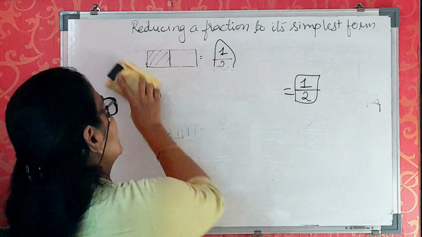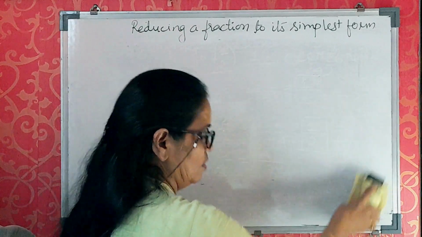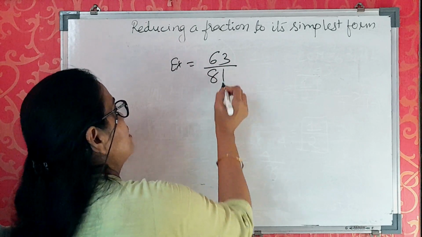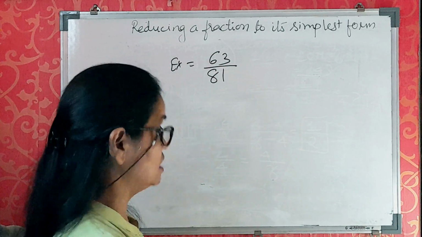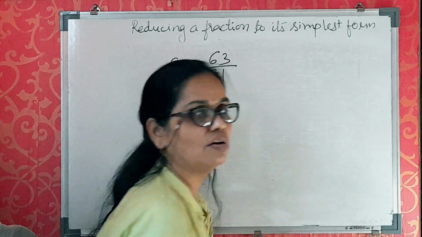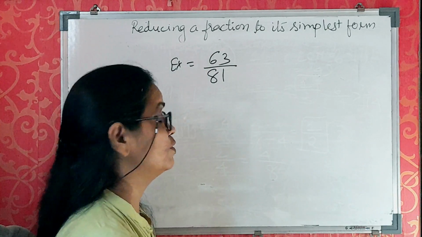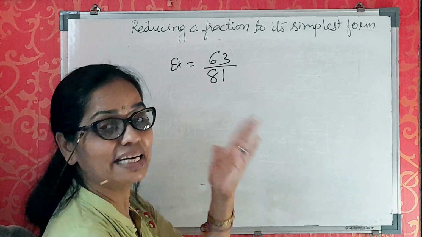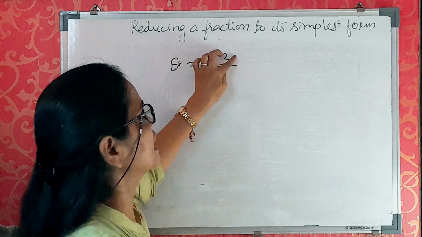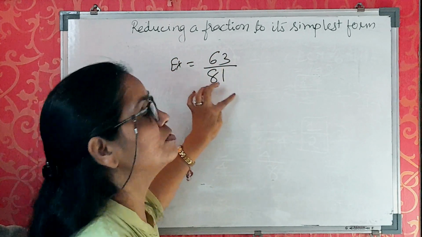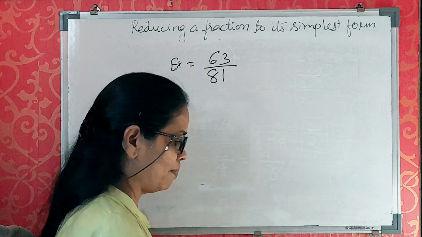Now I am explaining with an example. For example 63 upon 81. You will see 81 doesn't come in the 63 table, and 63 obviously will not come in the 81 table. So how will I reduce? Using the divisibility test, if you don't know it directly, by cancellation. 6 plus 3 is 9. 9 is divisible by 3. And 8 plus 1 is 9. Again 9 is divisible by 3.